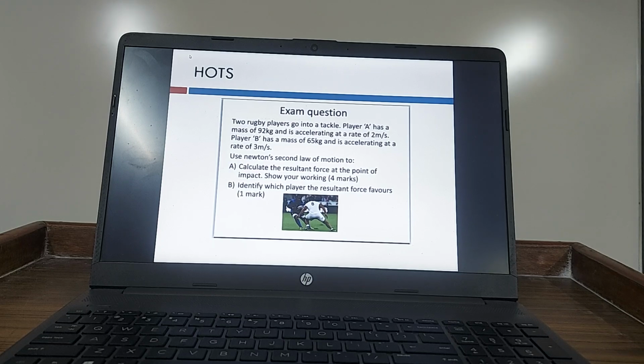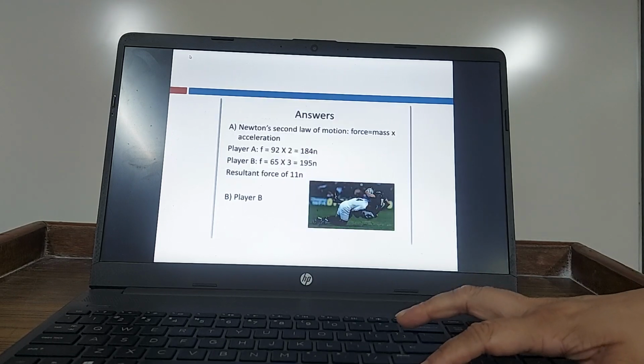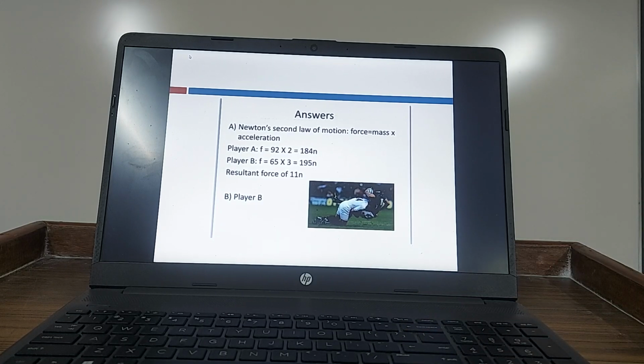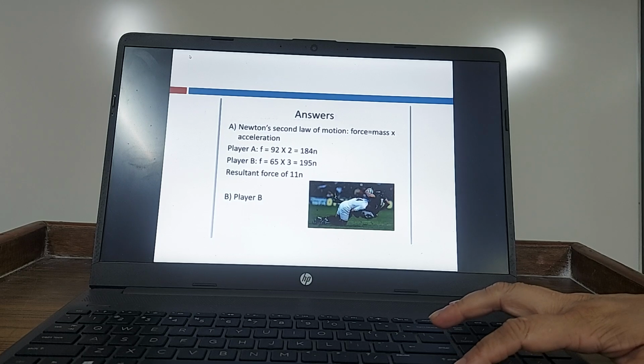Use Newton's second law of motion first to calculate the resultant force at the point of impact, and second, identify which player the resultant force will favor. You can see herein it is 11 Newton of resultant force and it is favoring player B. Fine. This we did in the class.